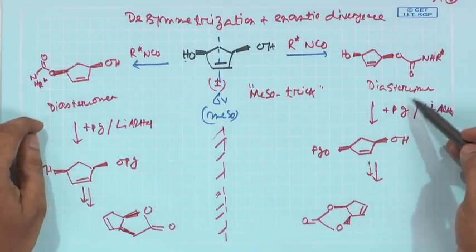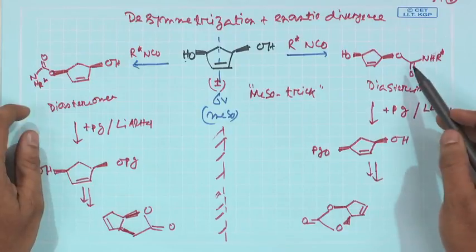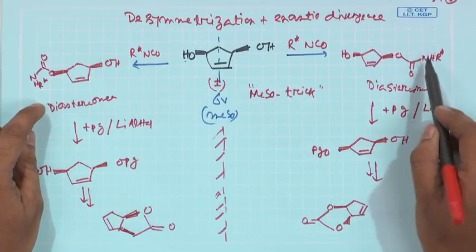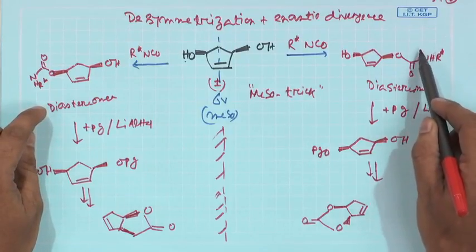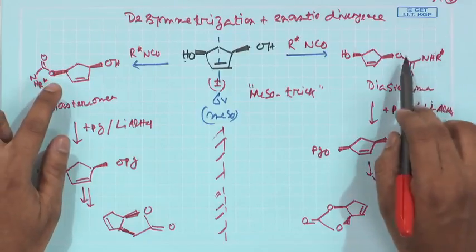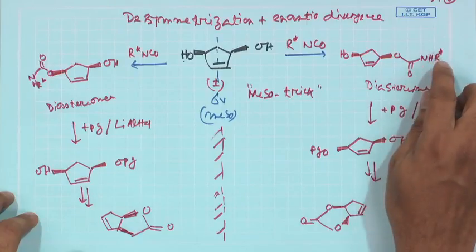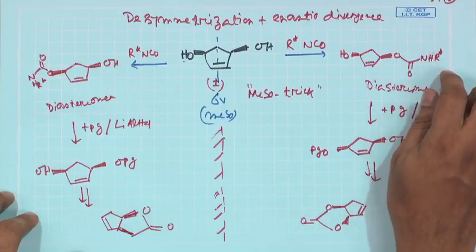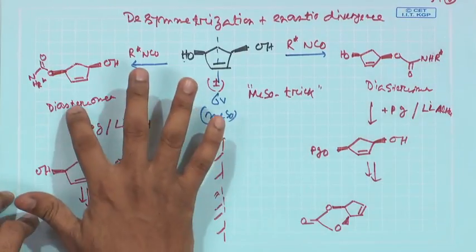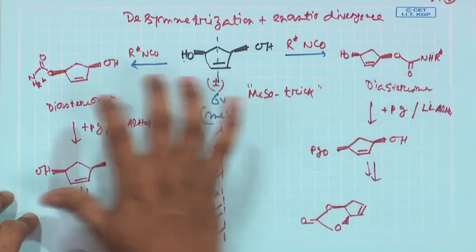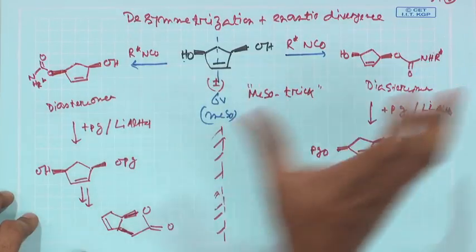Now, in reality these are not diastereomers, these are pseudo enantiomers, because if you cleave this NHR, they are separated. The only thing is you need to react with a chiral derivatizing agent, so that the diastereomers can be easily separated by physical separation.